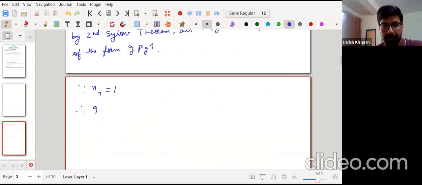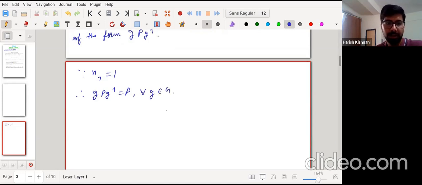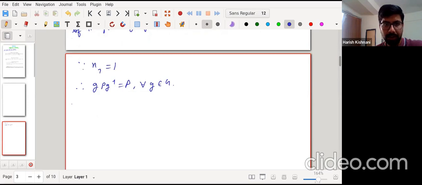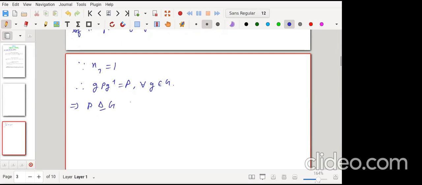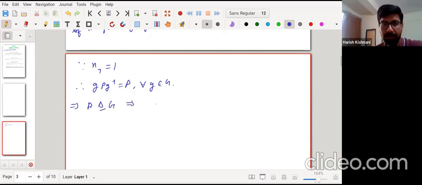That gPg inverse is equal to P, because you have a unique 7 Sylow subgroup. All conjugates have to be equal to P. So gPg inverse equals P for all g belonging to G, and that implies that P is normal in G. But this is a contradiction. Why? Because we assume that G is simple, right? So this simply implies that n7 has to be 8. The number of 7 Sylow subgroups is 8.